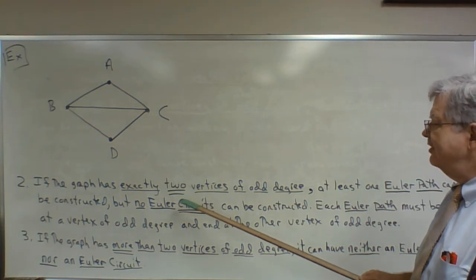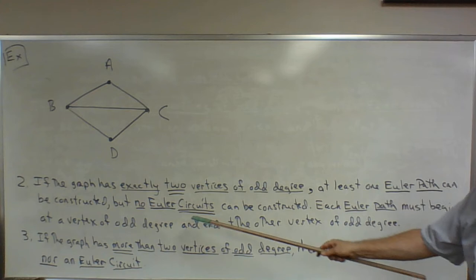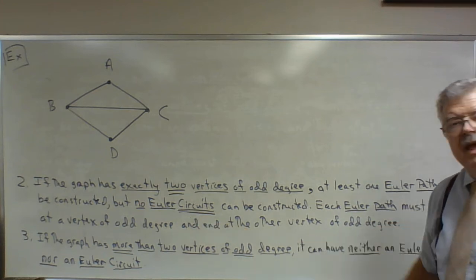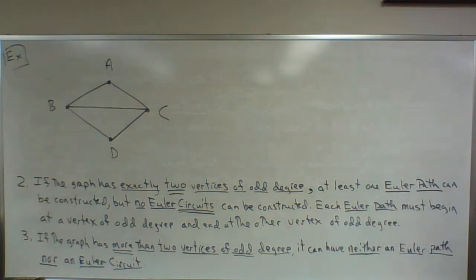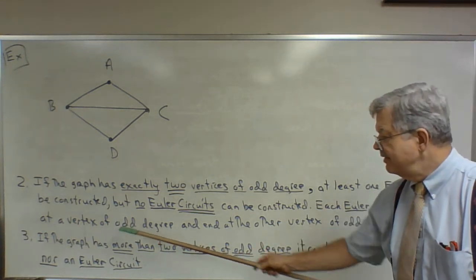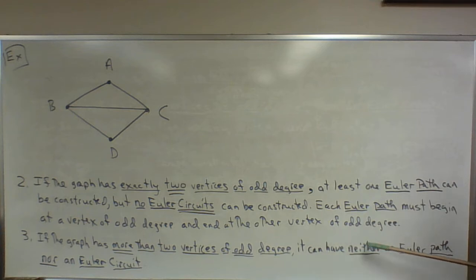If a graph has exactly two vertices of odd degree, we can construct at least one Euler path, but no Euler circuits. And they tell us how to go about constructing the Euler paths. They say, each Euler path must begin at a vertex of odd degree and end at the other vertex of odd degree.